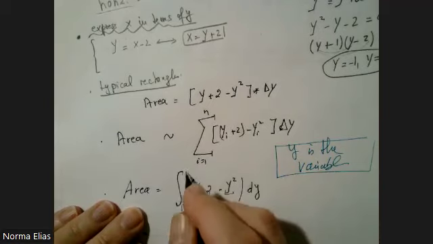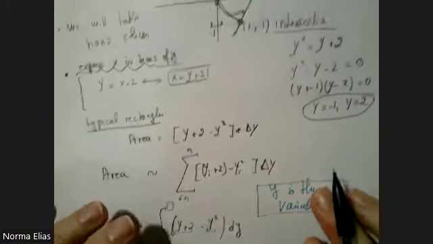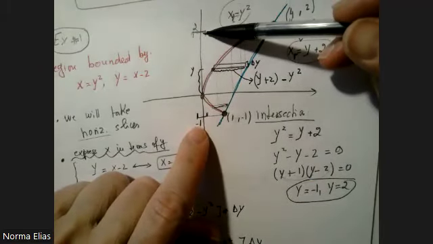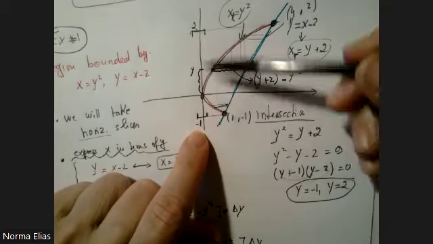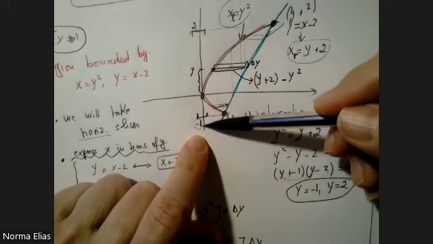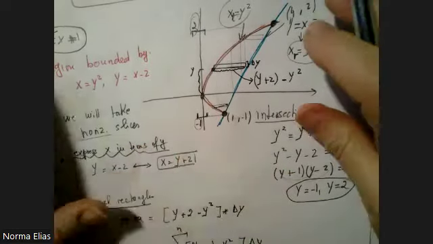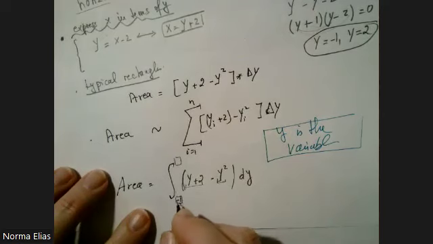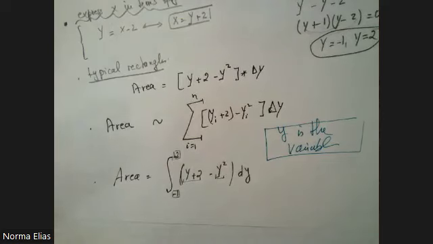Limit. Again, when I need the limit, I go back to my picture. Which interval do I split into pieces? I split that interval into pieces to cover the region. So it's going to be the interval on the y-axis from -1 to 2. I'm not looking at x anymore. So this is going to be the integral from -1 to 2 of y plus 2 minus y squared.